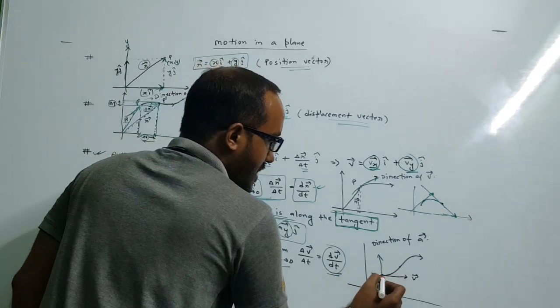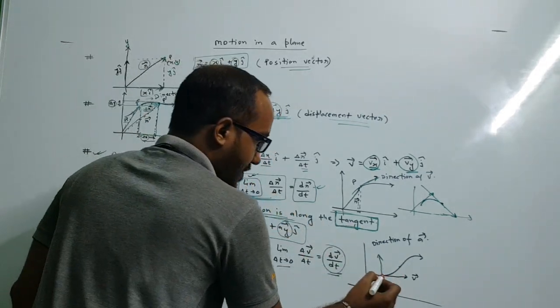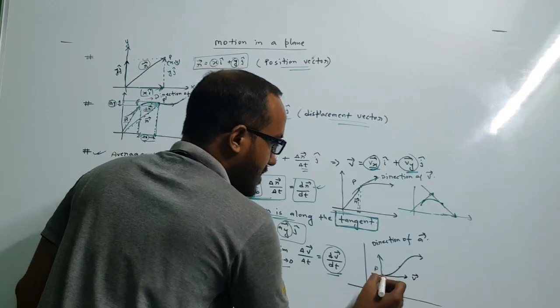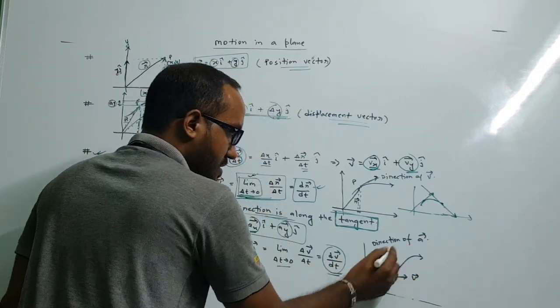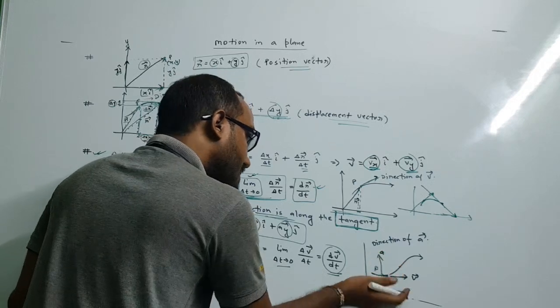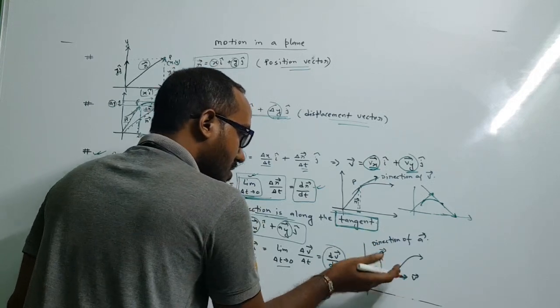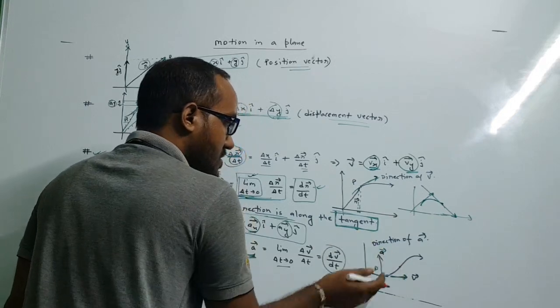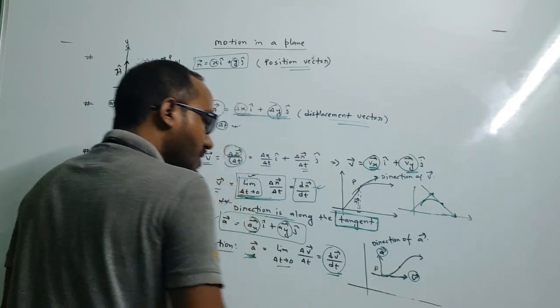We know that the direction of velocity is always along the tangent. So if the particle is here, then the tangent would be here. The direction of velocity is this, and the direction of acceleration is perpendicular to the velocity vector. Always remember, the direction of acceleration is perpendicular to the velocity vector. So we can say that acceleration is normal to velocity.